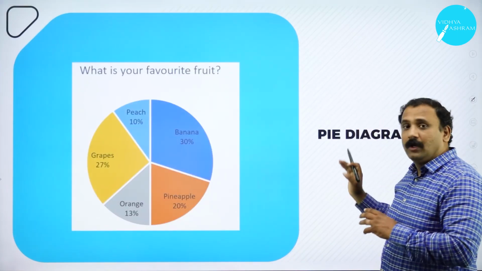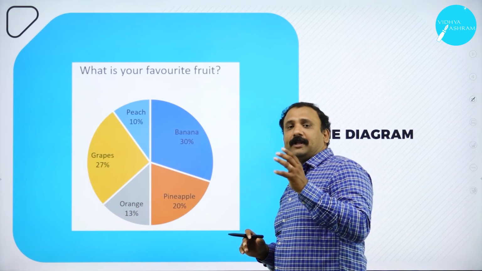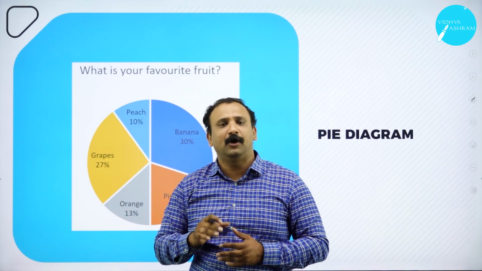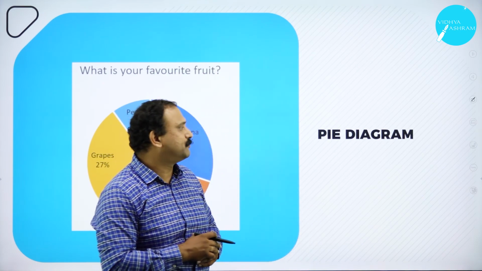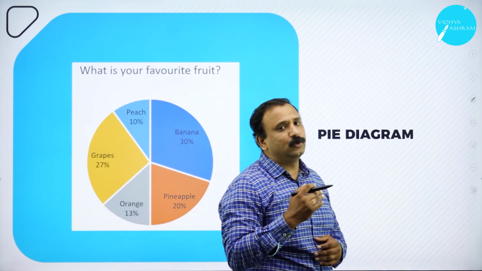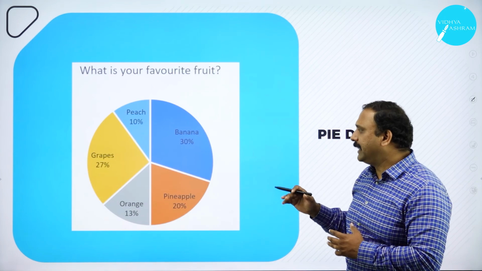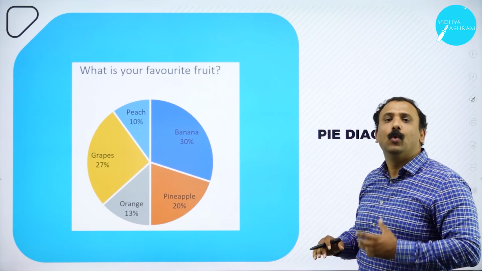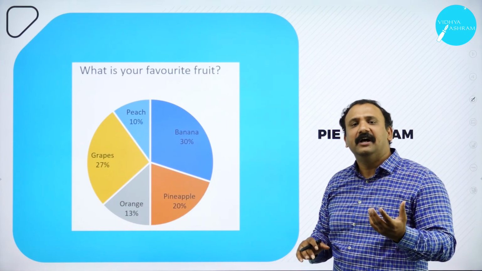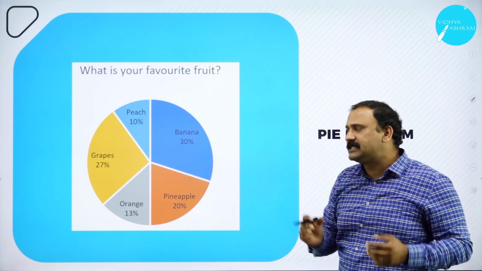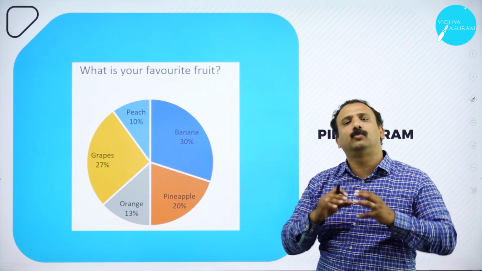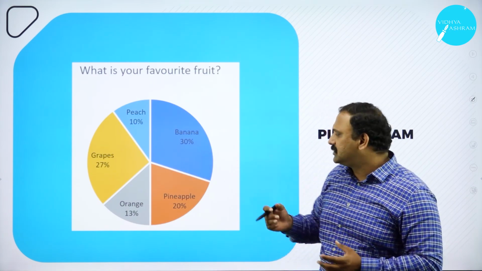Next, pie diagram. This is a very common factor. You would have seen the pie diagram many times, and now let's have a look at what this pie diagram means for us. When you look into the pie diagram, you will see a split circle, which is decided upon the variables that are given. So if you look here, we are trying to understand what your favorite fruit is.